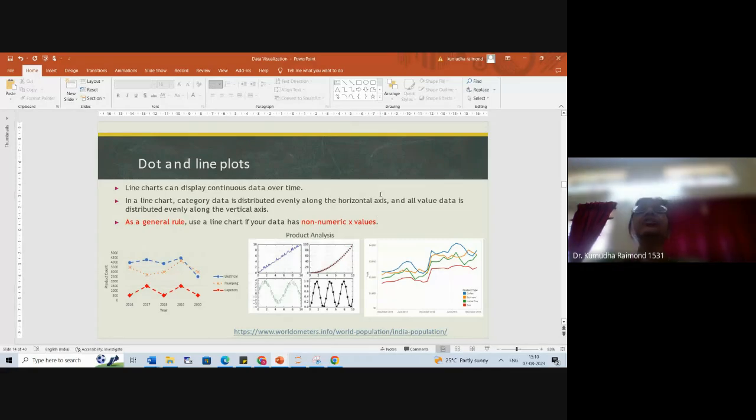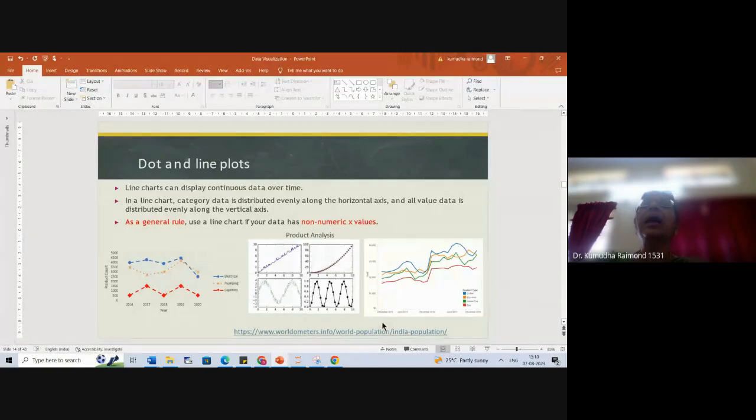And as a general rule, a line chart is used for non-numeric x values. In the morning I also told you: non-numeric, qualitative, categorical; numeric, quantitative, numerical. So categorical, non-numerical, qualitative, everything remains the same.